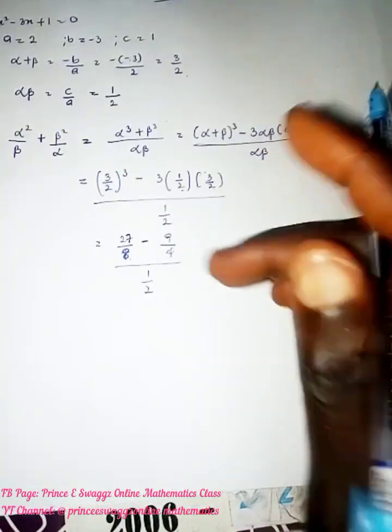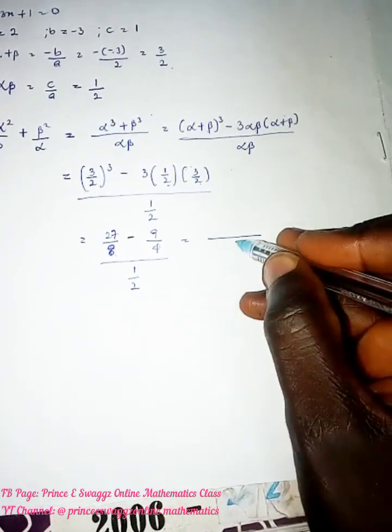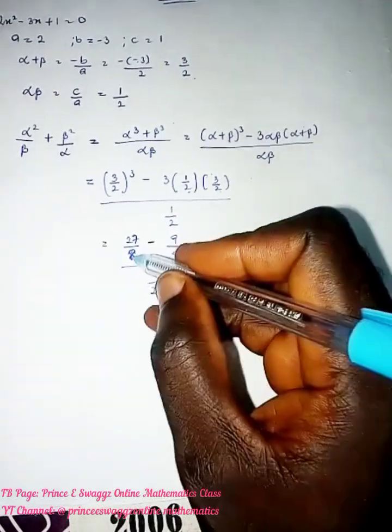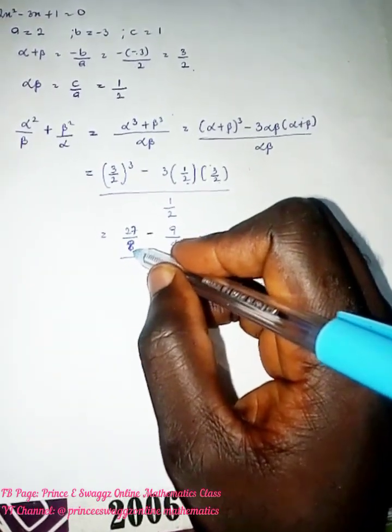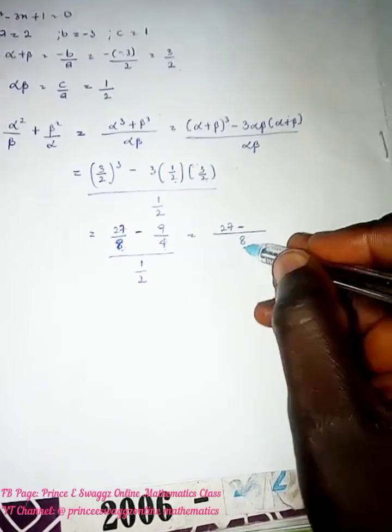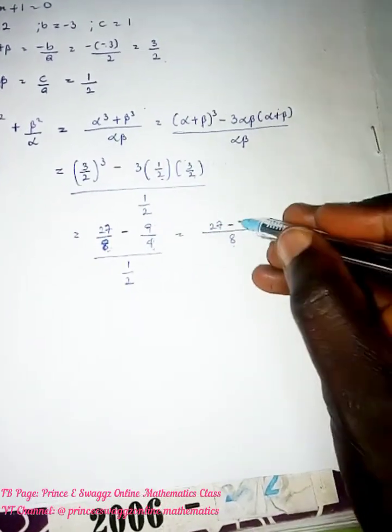So we then find the LCM of the denominators. The LCM of 4 and 8 is 8. 8 divided by 8 is 1, 1 times 27 is 27, minus 8 divided by 4 is 2, 2 times 9 is 18, divided by 1 over 2.